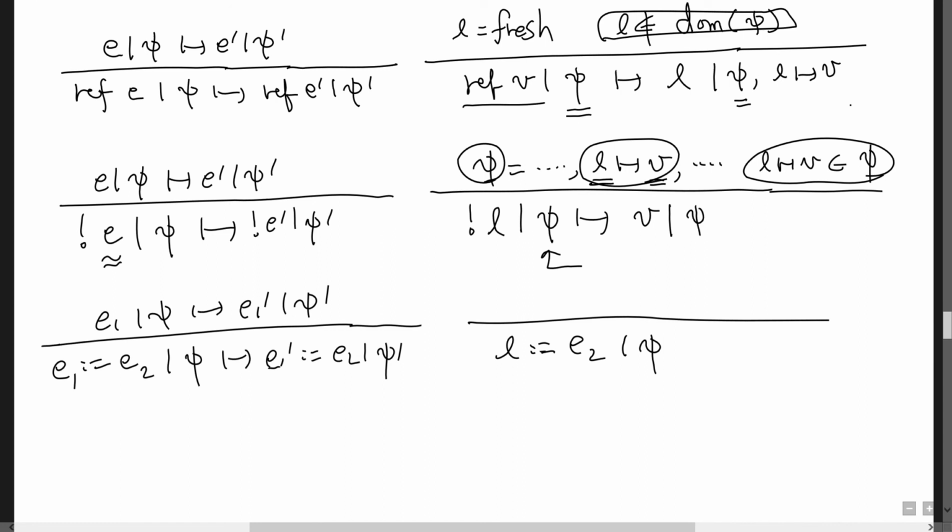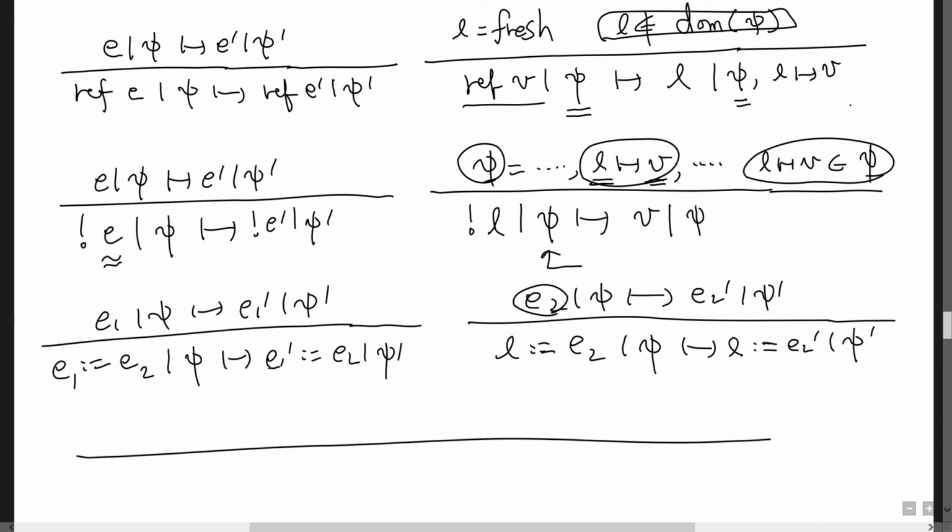In that case, you keep reducing expression E2. If this one reduces to E2 prime with a new store psi prime, then you generate L assign expression E2 prime and psi prime. And if everything goes okay, then eventually you will generate something like location L assign value V this time.